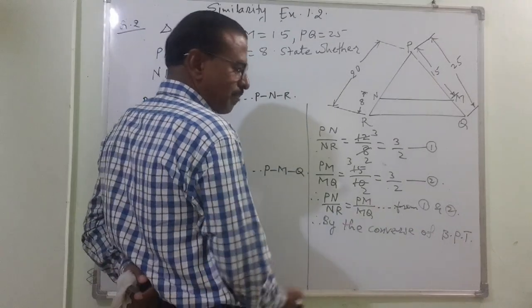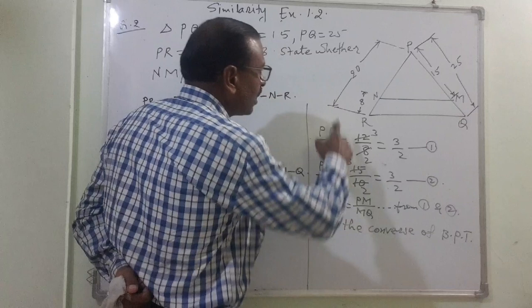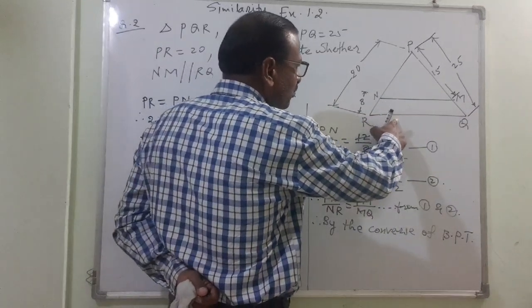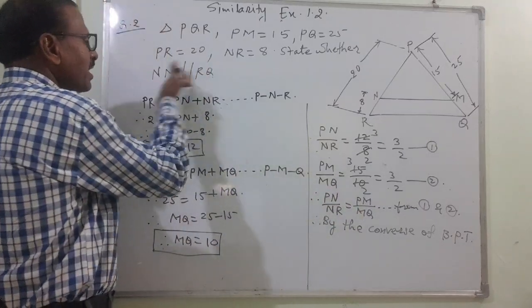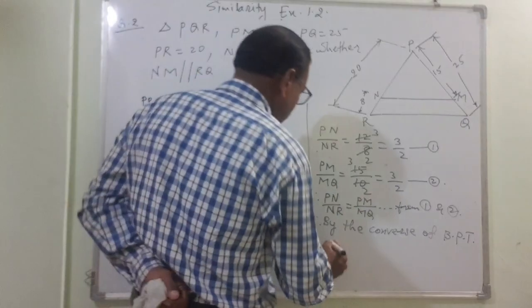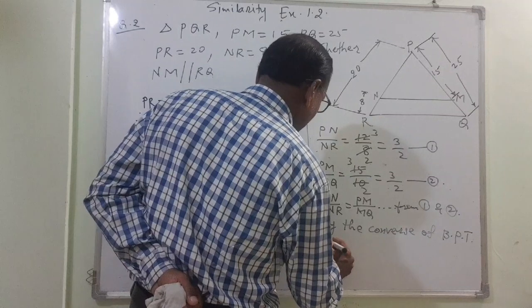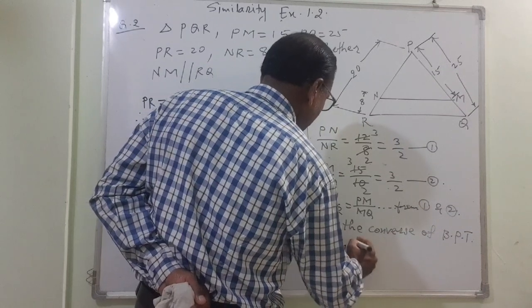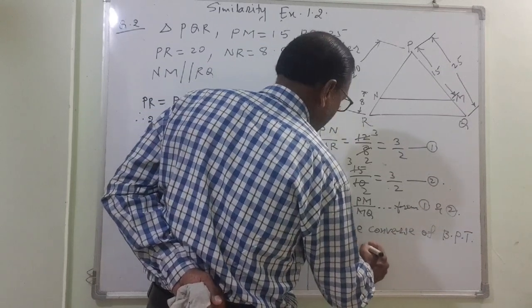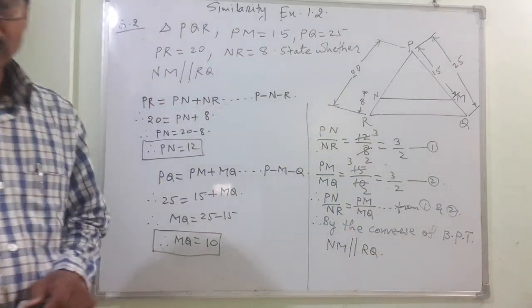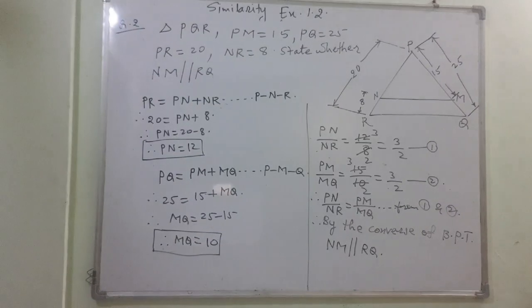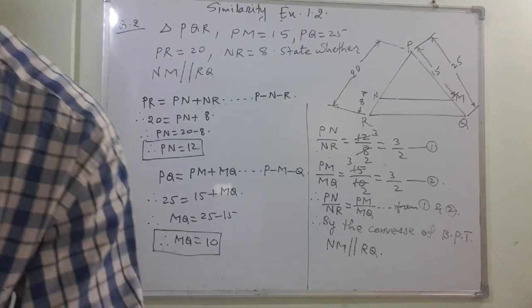By the converse of BPT, I wanted to prove that NM is parallel to RQ. The same statement I will write: NM parallel RQ. So I hope you have understood this part.